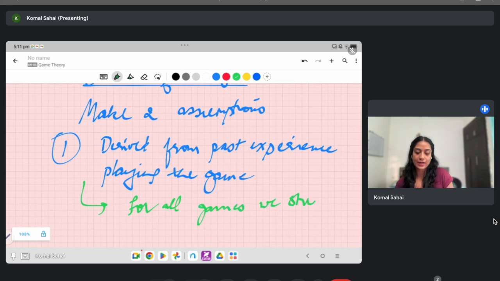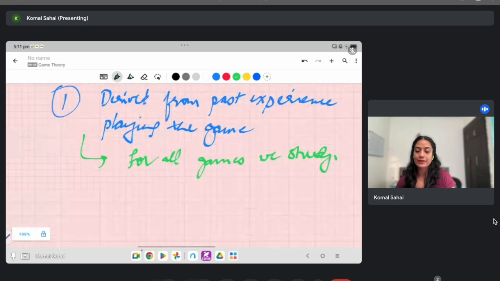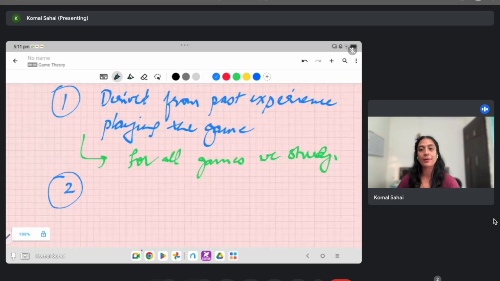जो हमने 4 कैटेगरीज रखी थी, उन चारों कैटेगरीज के लिए ये assumption हम अप्लाई करेंगे that in every case players will be working on a belief, right?